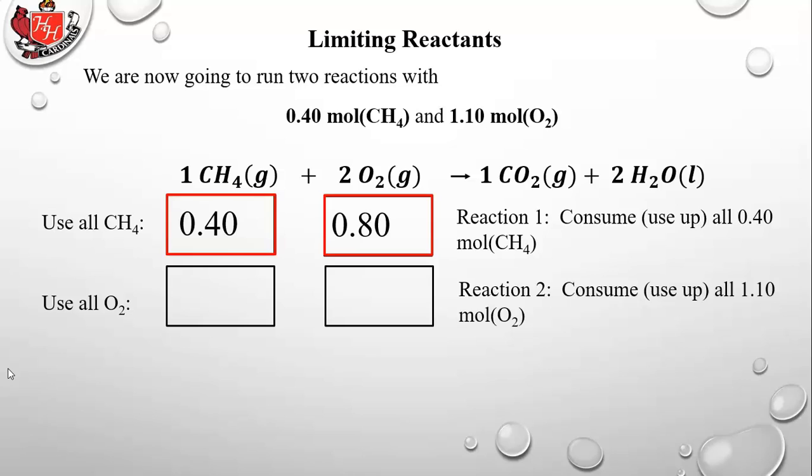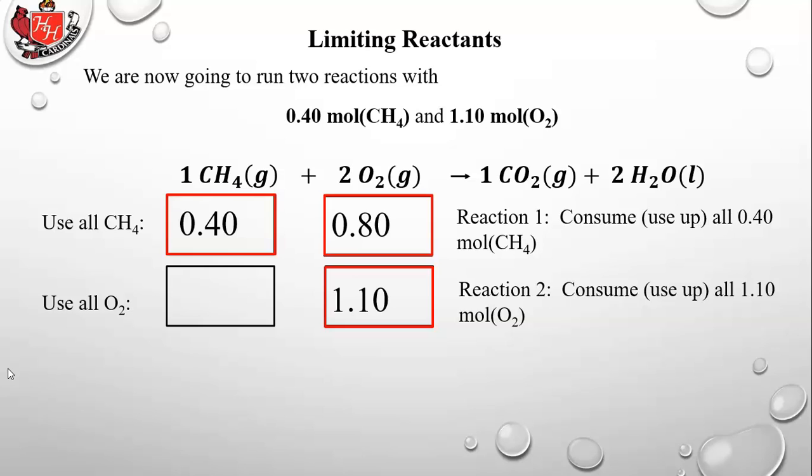Now we're going to go down to the lower level and run the reaction where we use all of the moles of O2. So below the O2, in the O2 column, down on the bottom level where it says use all O2, we're going to put the 1.10 moles right there. That's the reaction where we're going to use all the moles of O2.